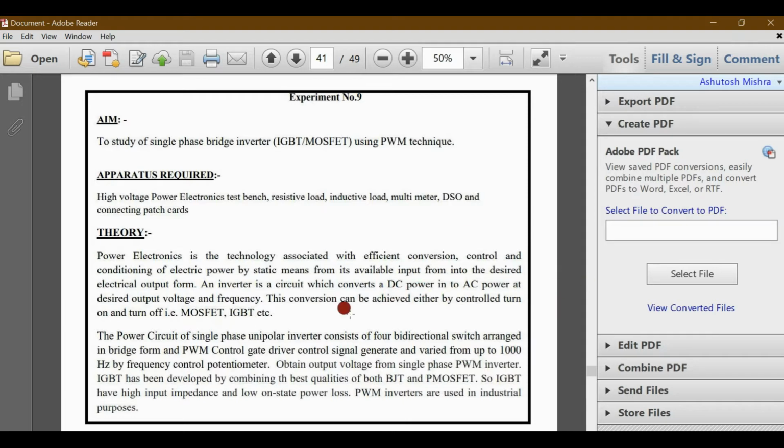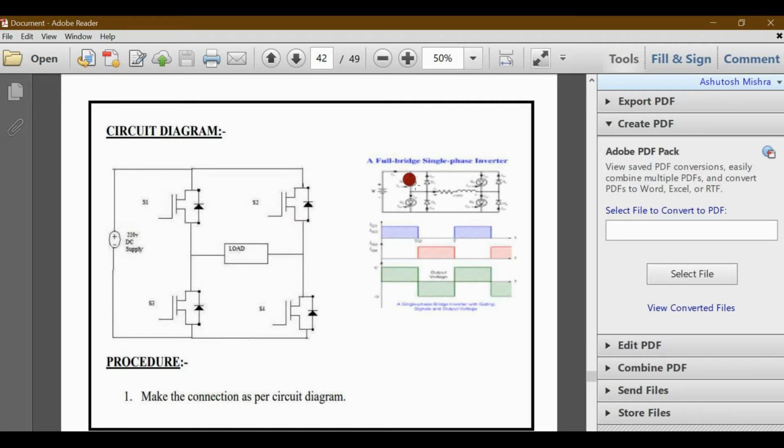The full bridge inverter is a topology of H bridge inverter. We will see the circuit diagram. Here there is a voltage source, DC voltage input. This is the inverter and it will convert DC voltage into AC voltage, or DC power into AC power.